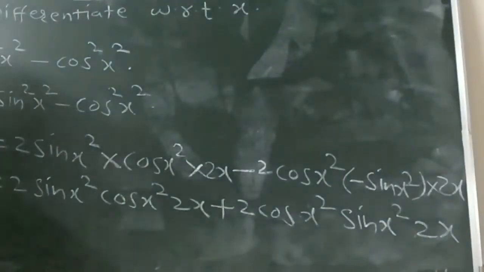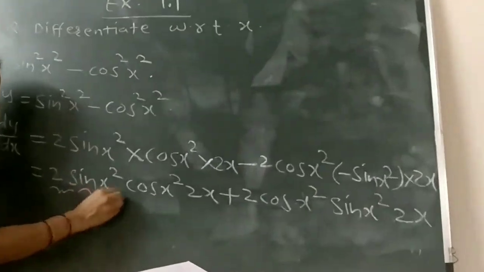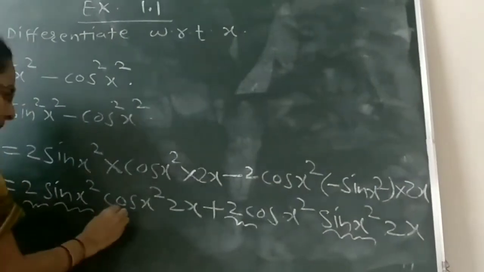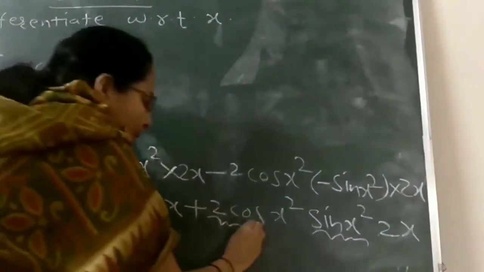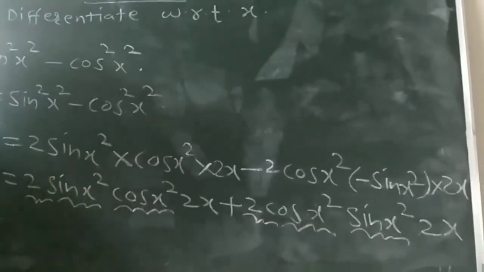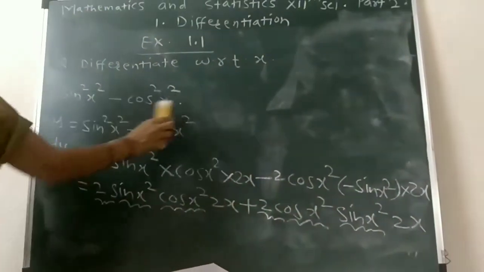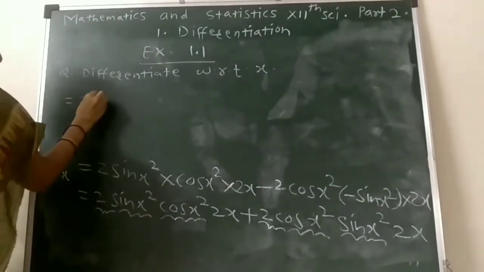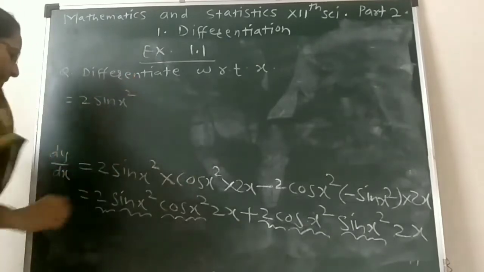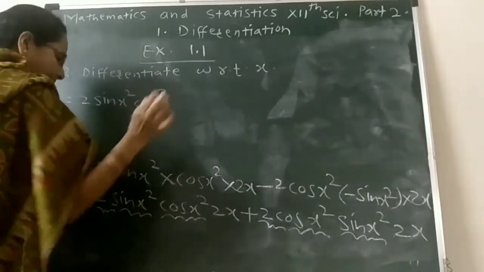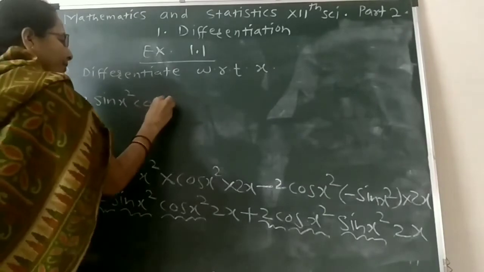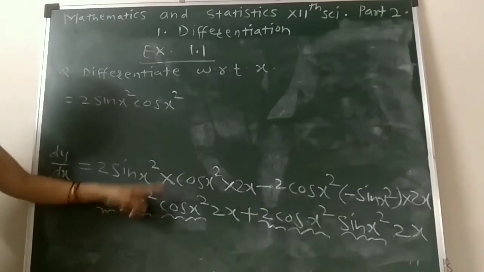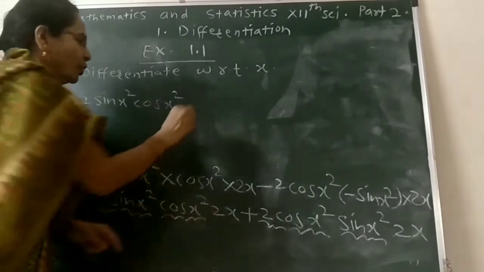If we see, then 2 sin x square cos x square, this term is common. 2 sin x square cos x square common, remaining term 2x.